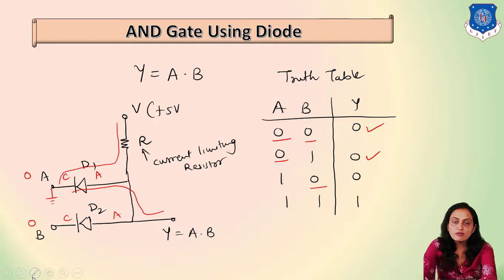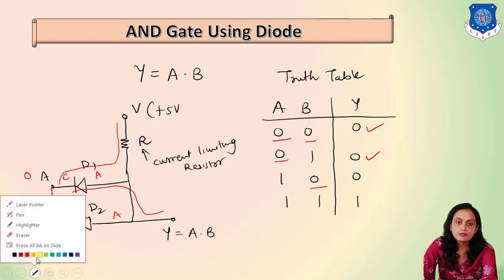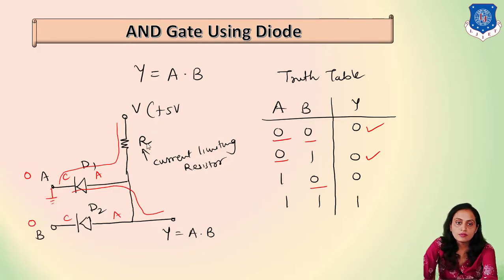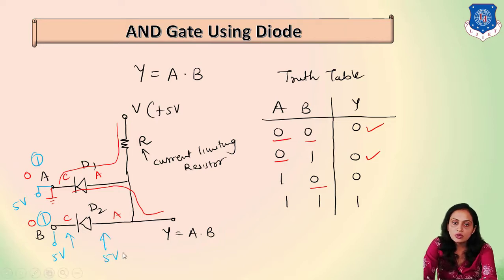But now if we have both the inputs 1, then what happens? A is 1 and B is also 1. 1 means we are applying here the battery of 5 volt. Here also we are applying 5 volts. So you can see the cathode terminal and anode terminal both are at 5 volt, and that is why the diode will be off.